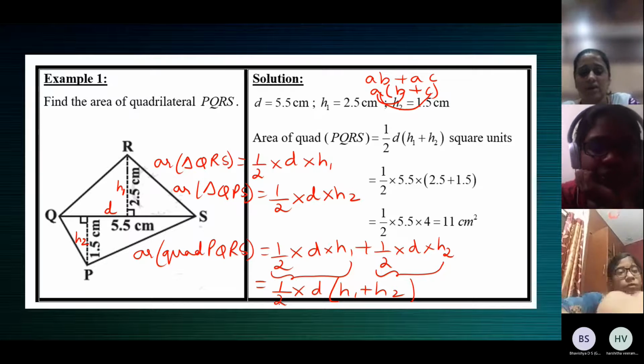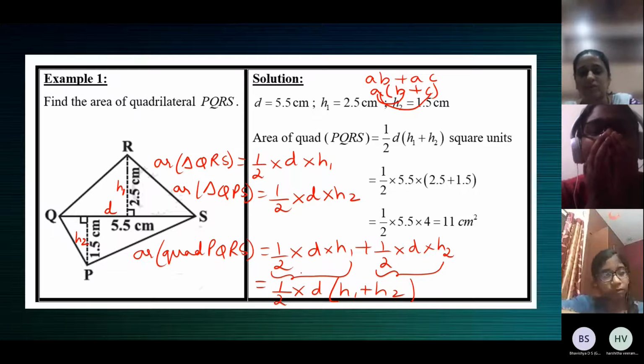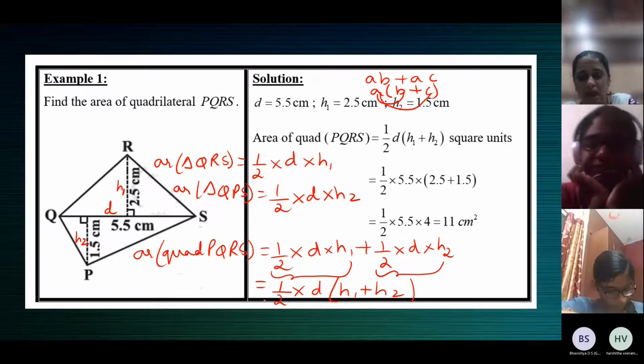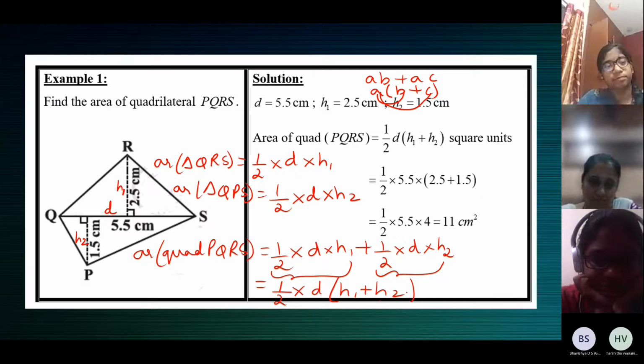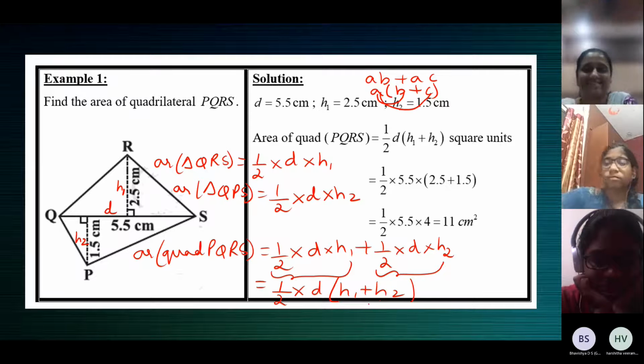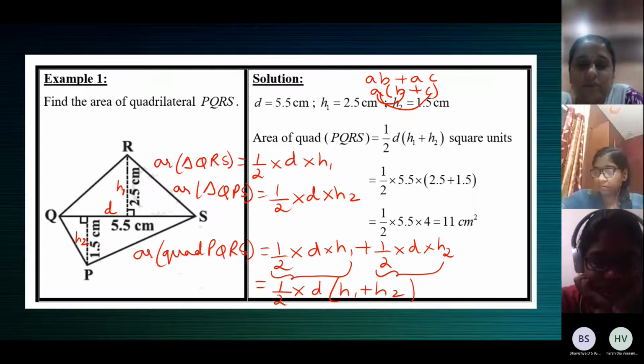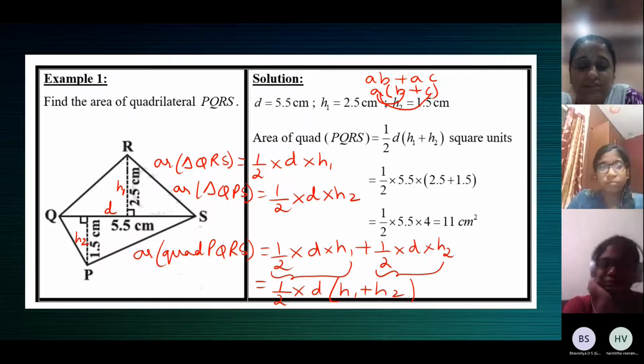Similarly, half D into H1 will give you the first one, plus half D into H2 gives us the second one. And we are using the distributive property, the distributive property of multiplication over addition.